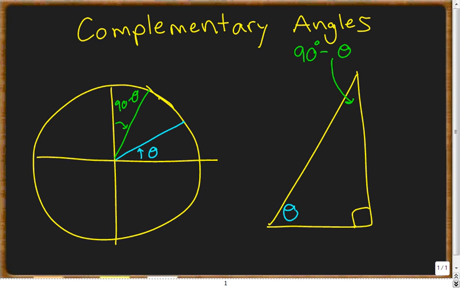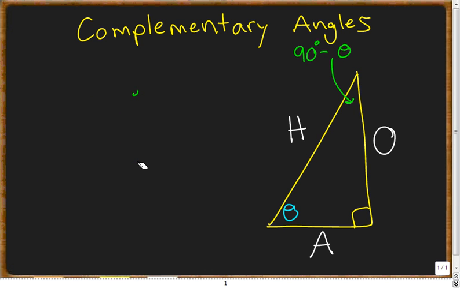So if we were to look at this in reference to a right triangle, let's think of this in terms of the right triangle here on the right side. We could label our sides. Now if we're talking about theta, this would be opposite, this would be our adjacent side, and this would be our hypotenuse. Obviously, this would be switched up for 90 minus theta. So let me remove this quickly.